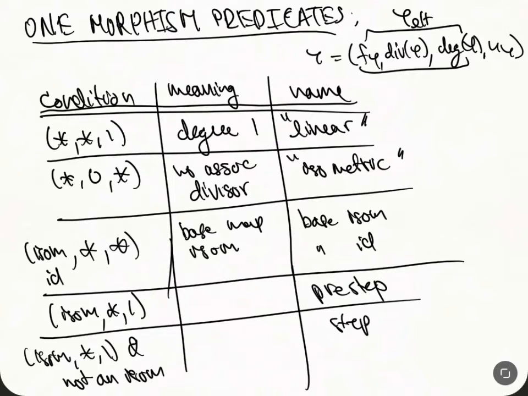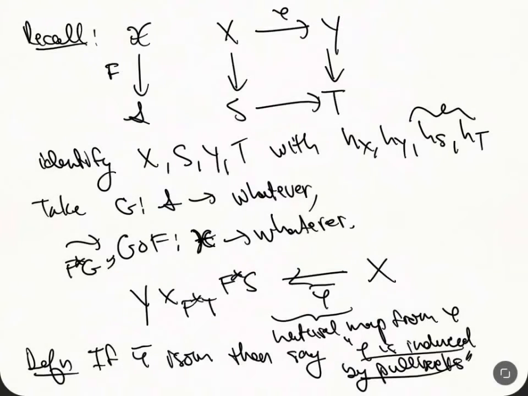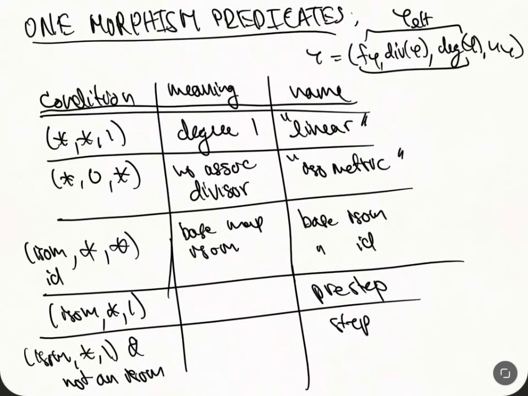Okay, so I mean the meaning here is kind of clear, so I'm not going to fill that part in. But let me say something else. Okay, so maybe I can just put it here.